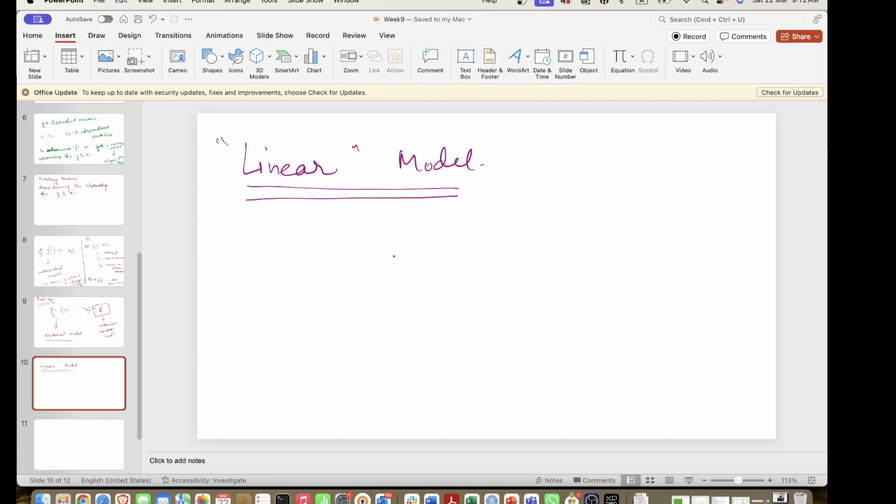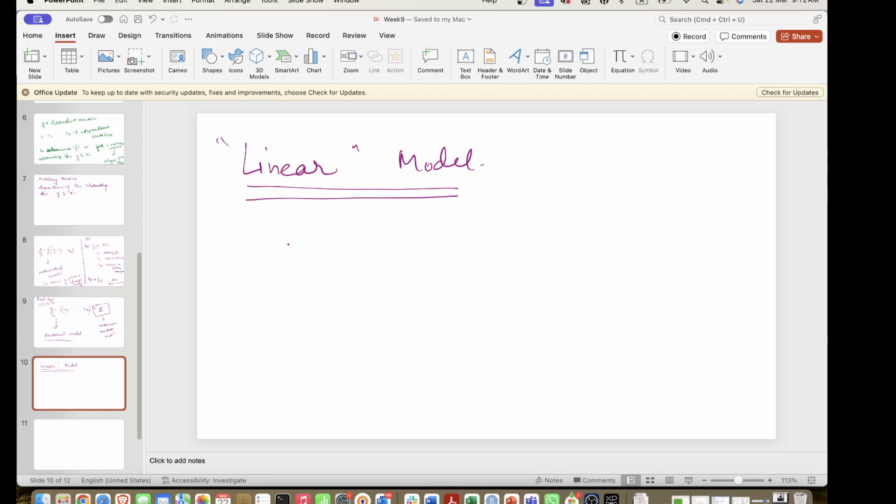It may sound that linear model means we are going to fit a line, but we should be extremely careful in thinking in this manner, because linear model doesn't always imply that there would be a line joining y and x.